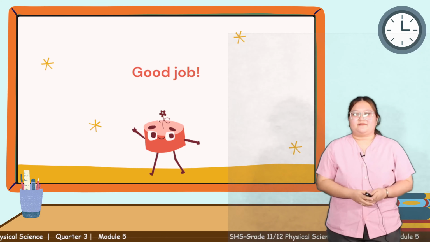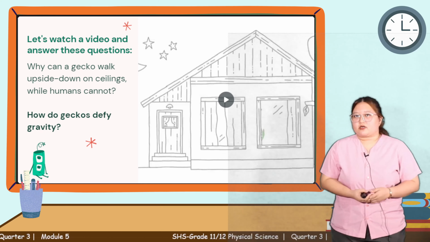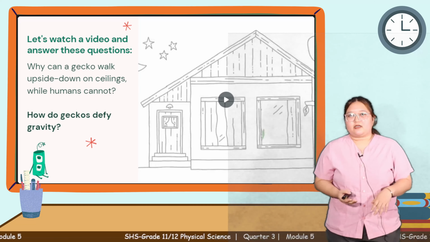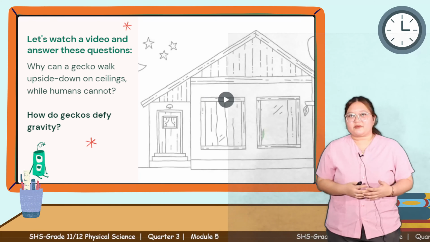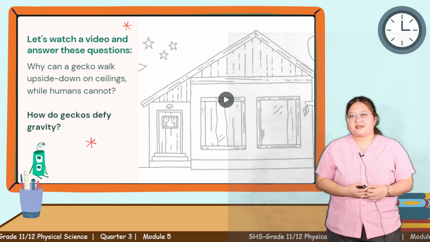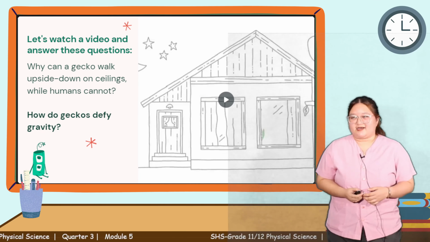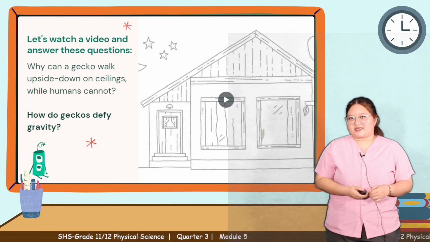So reptiles are known to have long, dry, scaly skin. Okay, so they are known to lay eggs as well, and a gecko is a type of lizard. Now, in Tagalog or Filipino, ito yung tinatawag natin na butiki. Alright, so please observe carefully what's going on in the video and answer the question afterwards.